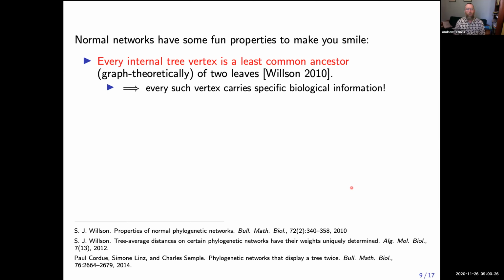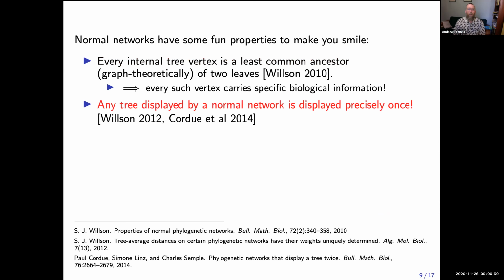One result is that every internal tree vertex is a least common ancestor of 2 leaves. I think that's kind of a profound property, because it indicates to me that every internal vertex has some biological information that's quite specific. It links to specific leaves.